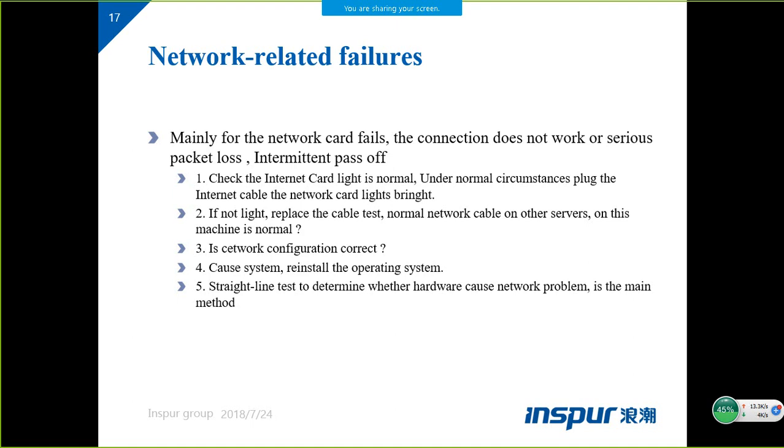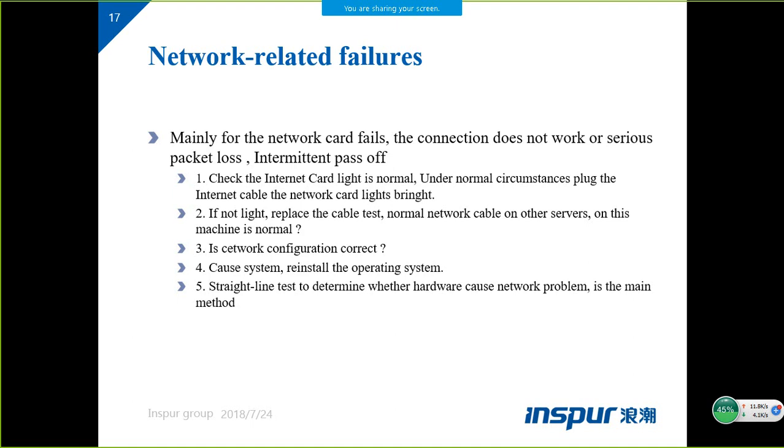For example, the DHCP server doesn't work, so the server can't get an IP address, or there is something wrong with the switch port or the network cables, because the switch, DHCP server, environment, OS, and other things don't belong to Inspur.